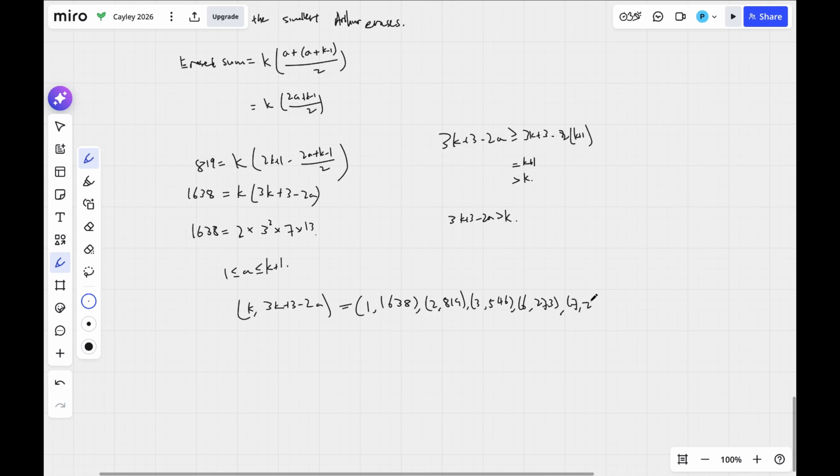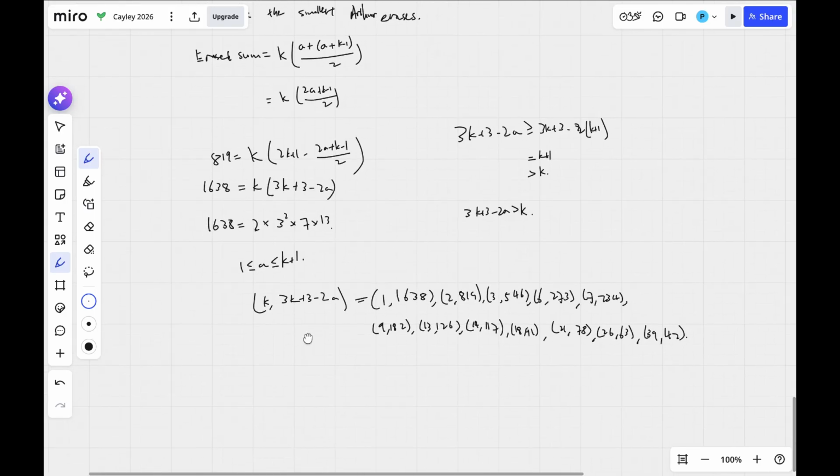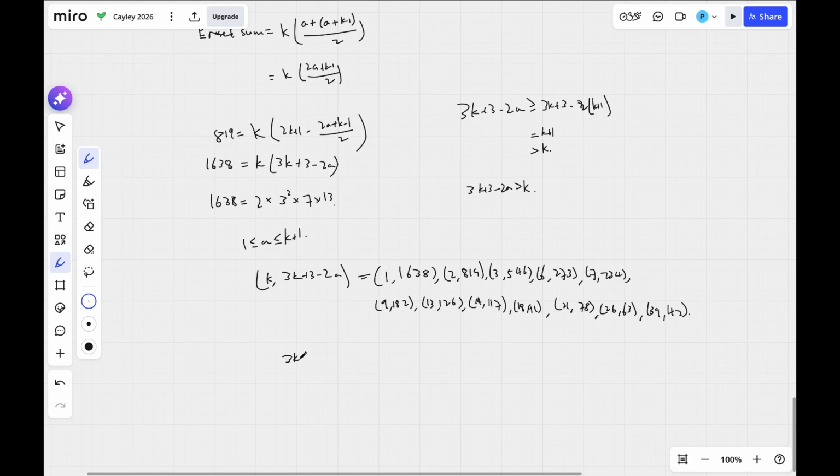So we can write all of those pairs out. k comma 3k plus 3 minus 2A would be equal to 1 comma 1638, 2 comma 819, 3 comma 546, 6 comma 273, 7 comma 234, 9 comma 182, 13 comma 126, 14 comma 117, 18 comma 91, 21 comma 78, 26 comma 63, and finally 39 comma 42.